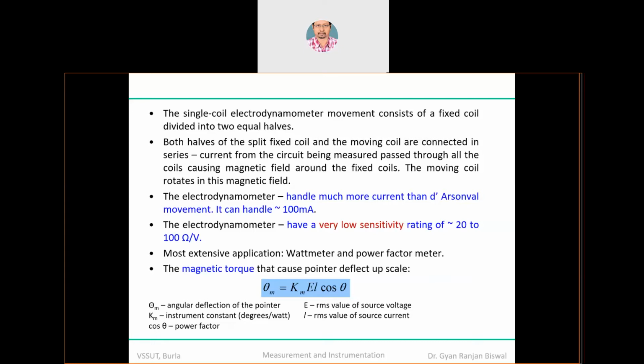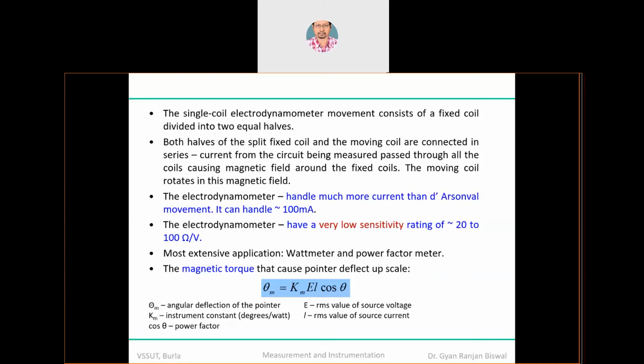Okay, so it is ohm per volt. Clear? Now, as far as the final equation is concerned, we will come to how it arises. But as far as the magnetic torque experienced by the pointer is concerned, that is the deflection of the meter, theta m, it is proportional to E, the RMS value of the source voltage, you can say.